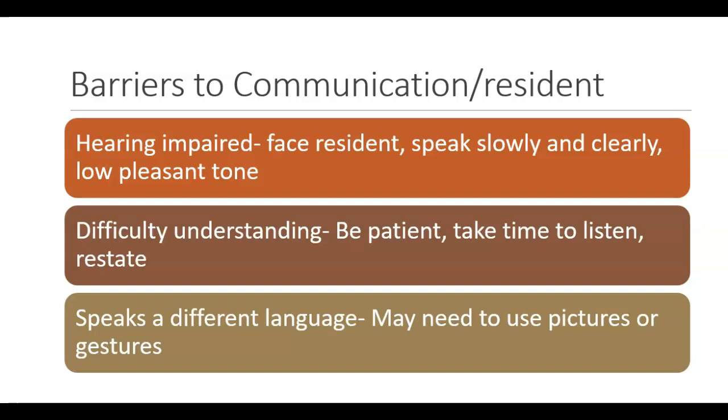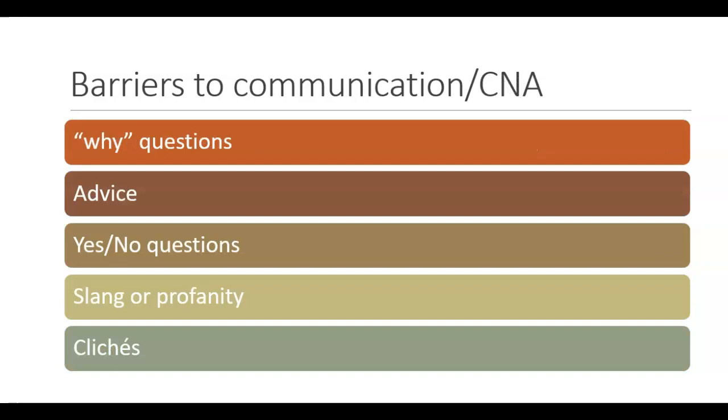If they speak a different language, you may need to use pictures or gestures. Other barriers to communication: avoid why questions, avoid offering advice only with no input from them, avoid yes or no questions, and do not use slang, profanity, or cliches.